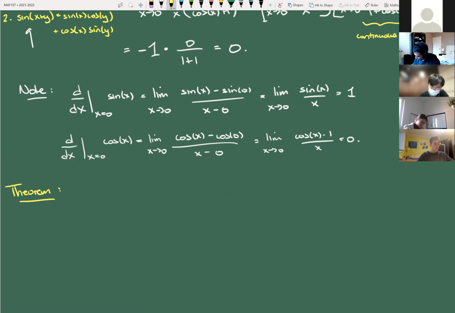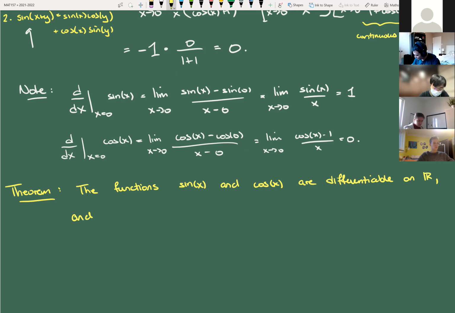And that theorem is that the functions sine x and cosine x are differentiable everywhere on R, and the derivative of sine is cosine, and the derivative of cosine is negative sine.